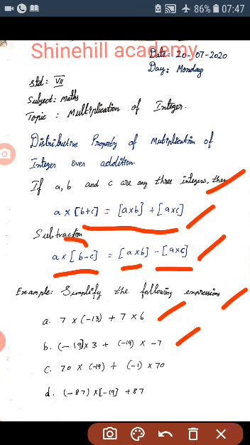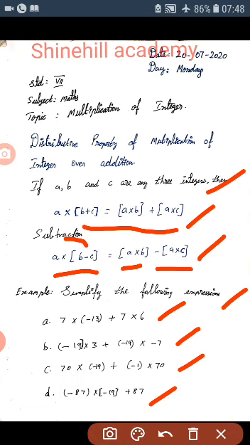Third one, C: 70 into minus 19 plus (minus 1) into 70. Next one, D: minus 87 into minus 19 plus 87.